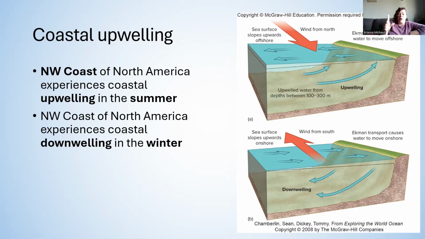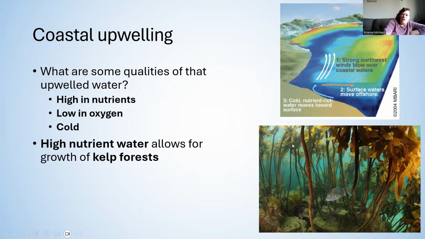We're going to focus on the upwelling because upwelling does some really important things here in California. So this water that's being upwelled, right? It's from the depths. So as we talked about, it's low in oxygen, right? Because it's been away from photosynthesis and has lots of respiration. It's cold, right?